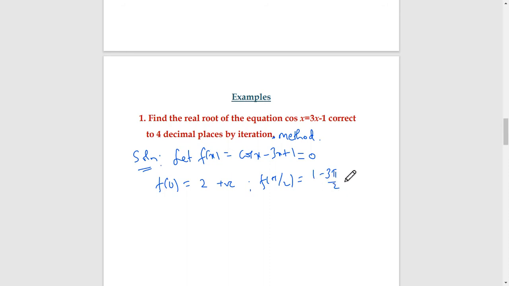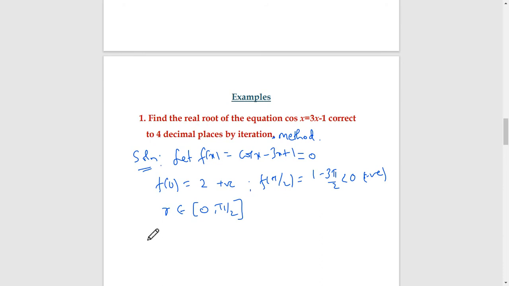This will always be negative, because 1 minus 4.7, so this is less than 0. So that means there exists at least one root in the interval 0 comma pi by 2.